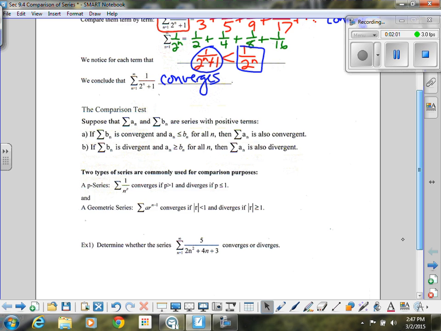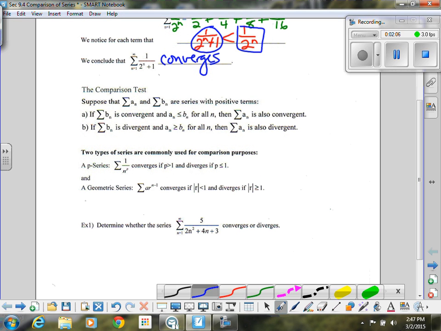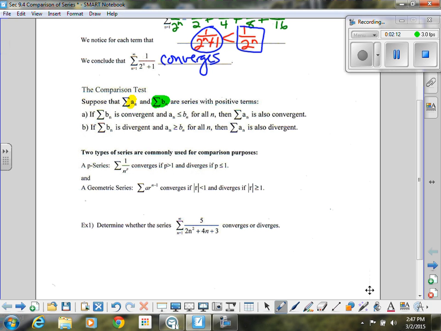Okay, so suppose we have two series. We've got a sub n, and then we've got b sub n, and they have positive terms. So if b sub n is convergent, so b sub n is like the familiar one, this one, the green one, is the familiar one, and we know it's convergent.